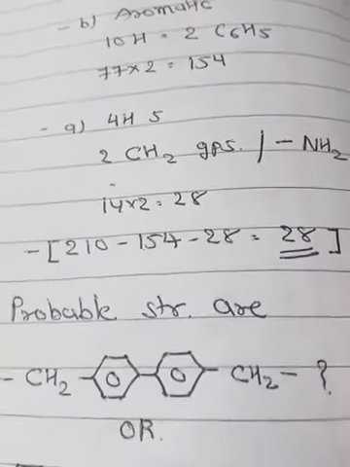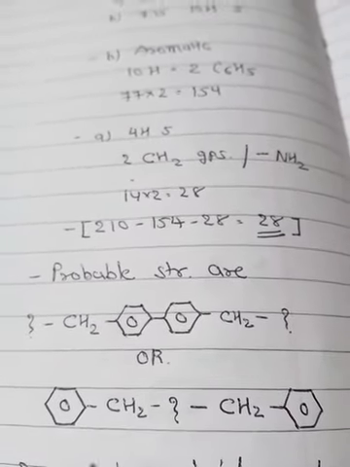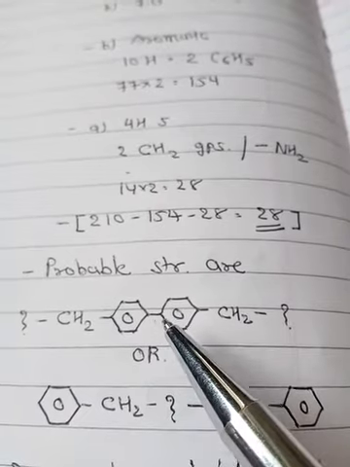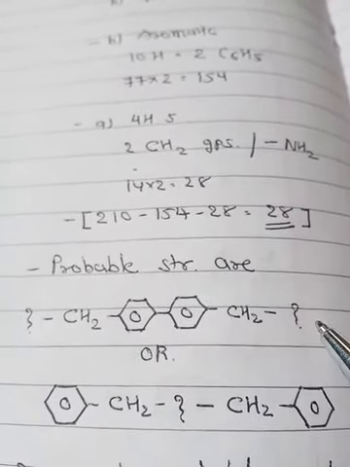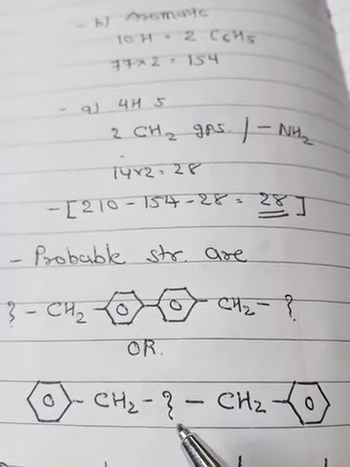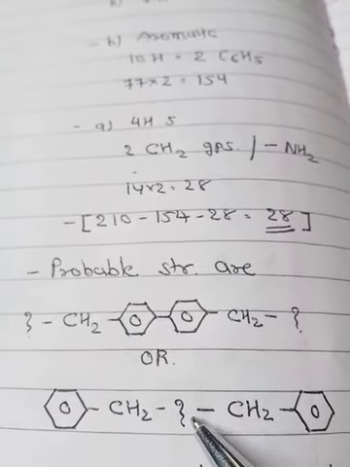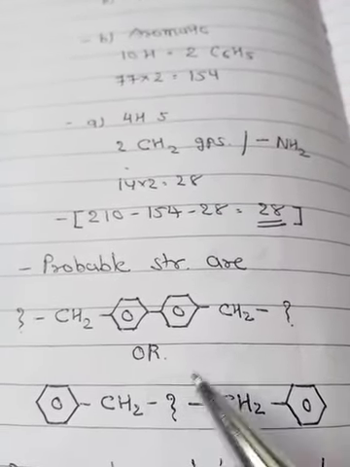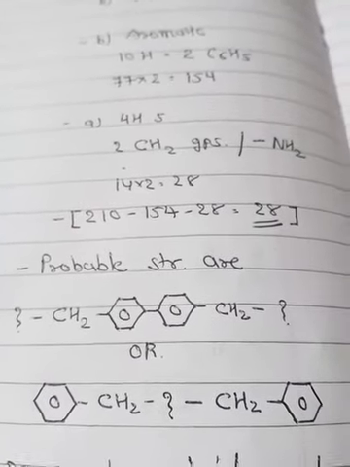So now the probable structures are these two: either 2 phenyl rings, because in this structure they are identical, and 2 CH2 and some part is missing over here, and otherwise another probable structure is this way, where some 28 part, because 28 is the remainder, we have to explain.